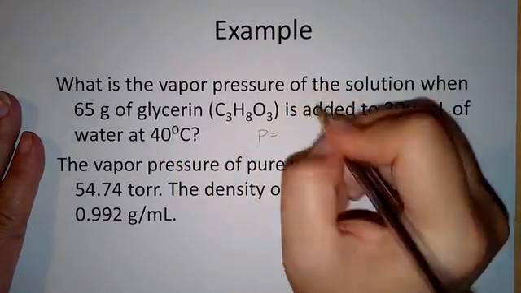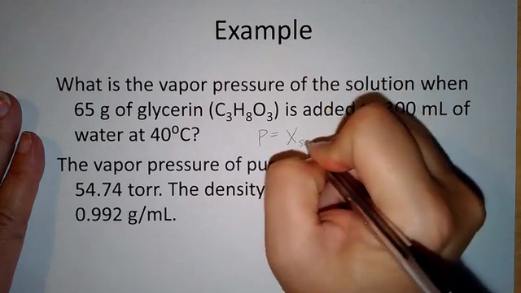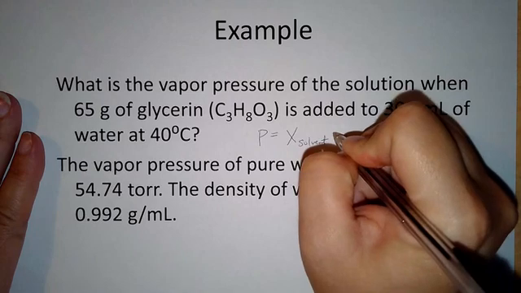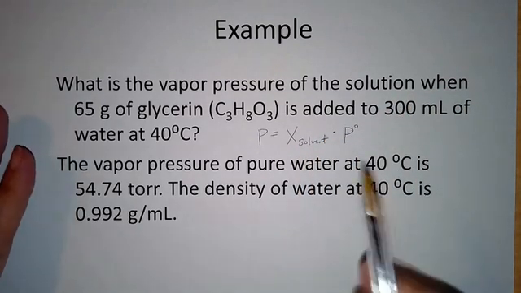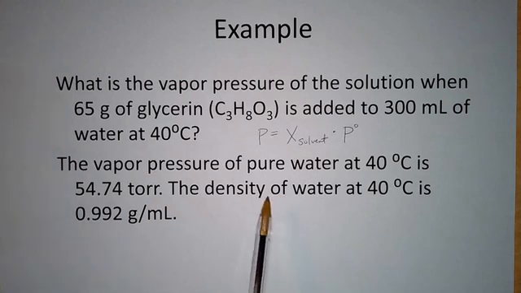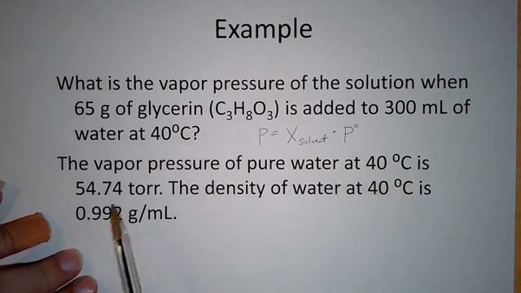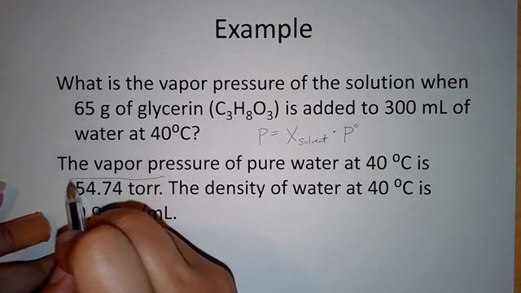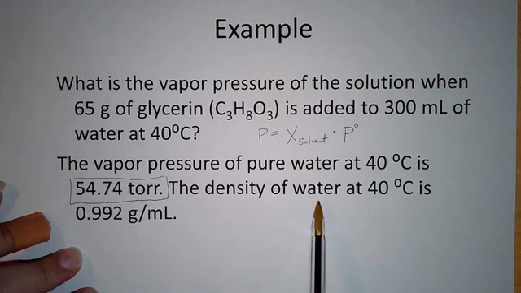Vapor pressure is equal to mole fraction of solvent times the pure pressure. Down here we're given a few constants, including the pure pressure. The vapor pressure of pure water is here, so we need this for our equation. And we also have the density of water, because we're going to have to do a little bit of conversion to get our mole fraction.